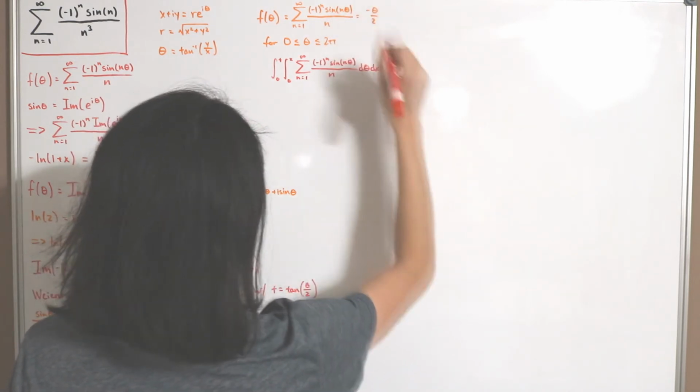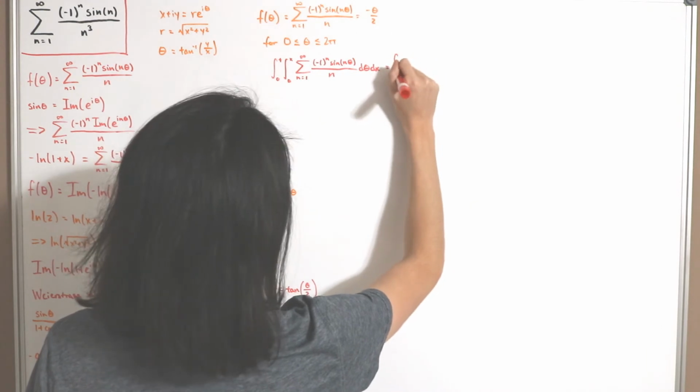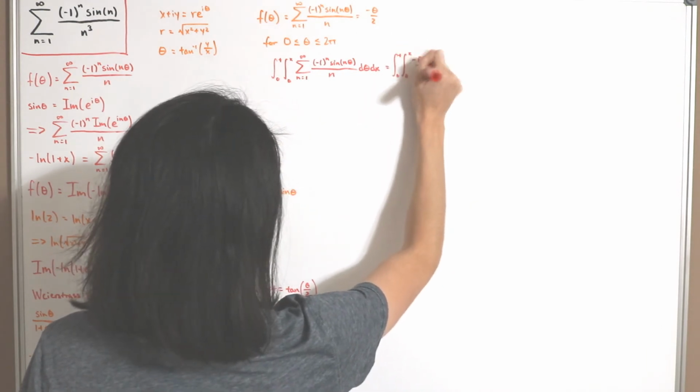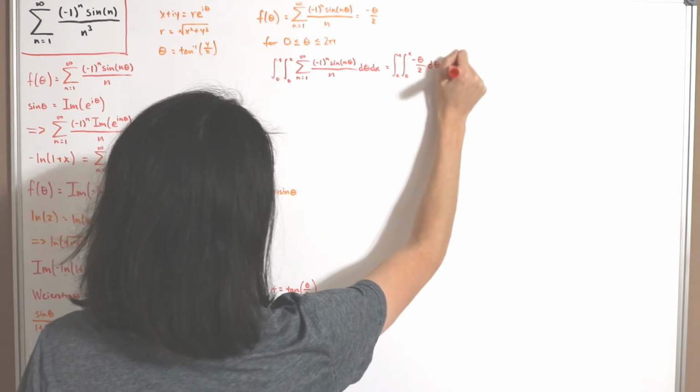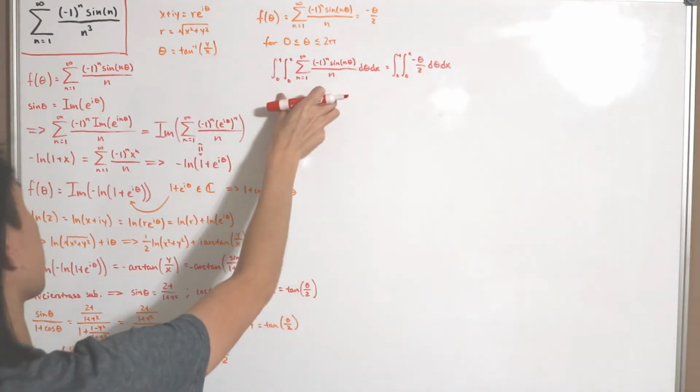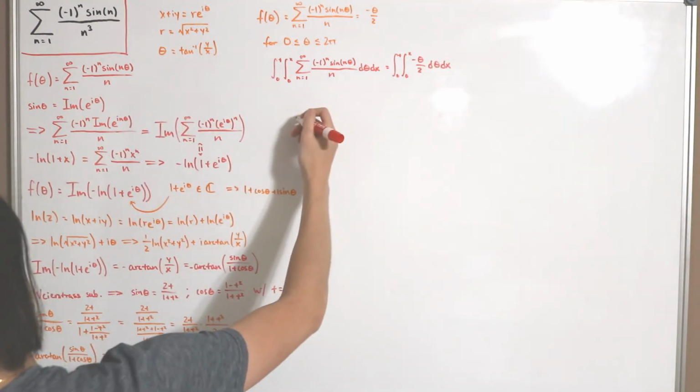And then we set this equal to the double integral with the same bounds of negative theta over 2 d theta dx. Let's first integrate this side, so I'll move this down below.